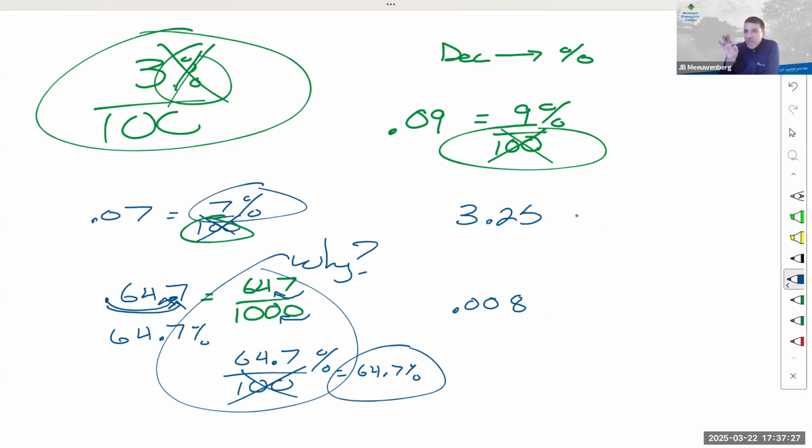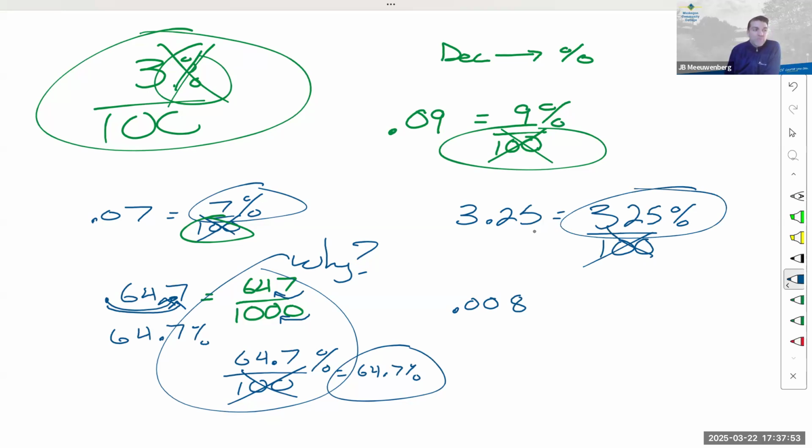So again, I'm always going to be challenging you to think about the why approach before the how. So 3.25, we would say that is 3 and 25 hundredths. But we could also say it's 325 hundredths. That also is appropriate. Add our percentage, cross off our over 100, and there we go. 325%.